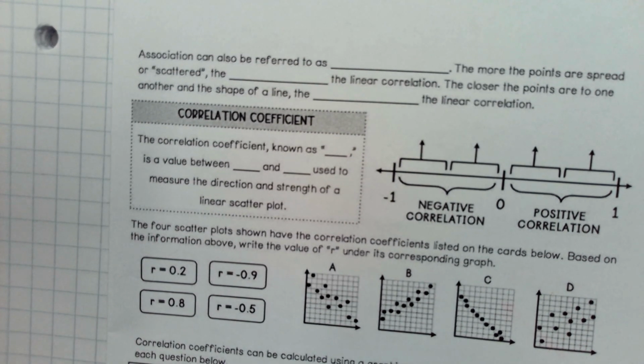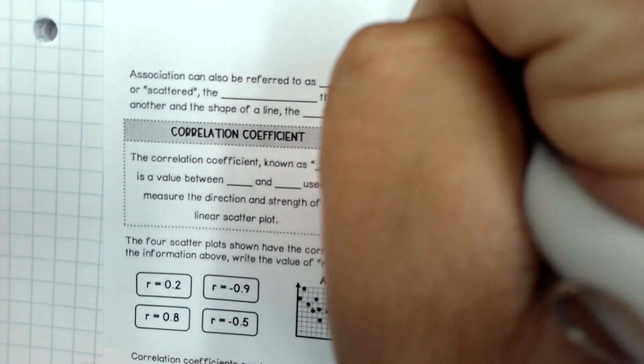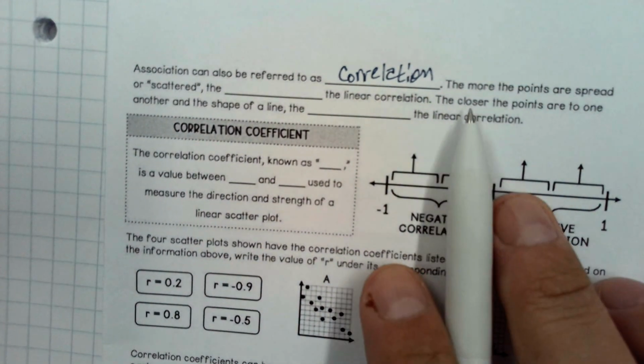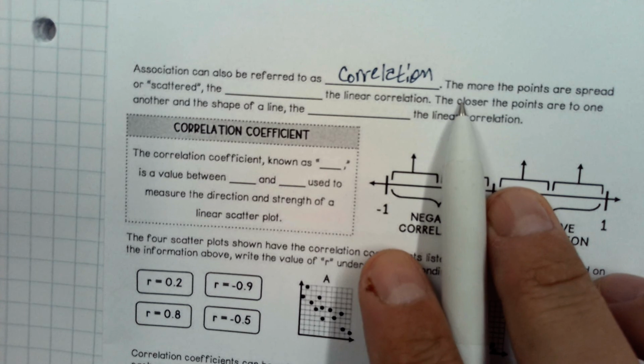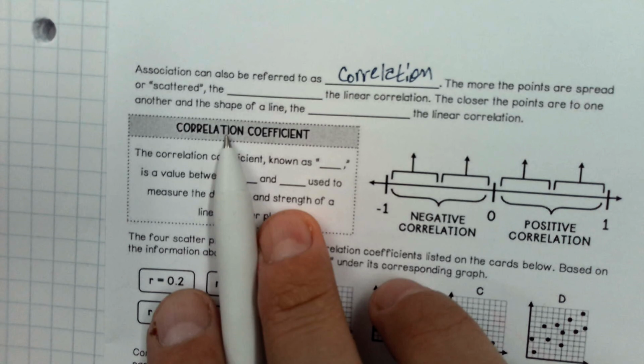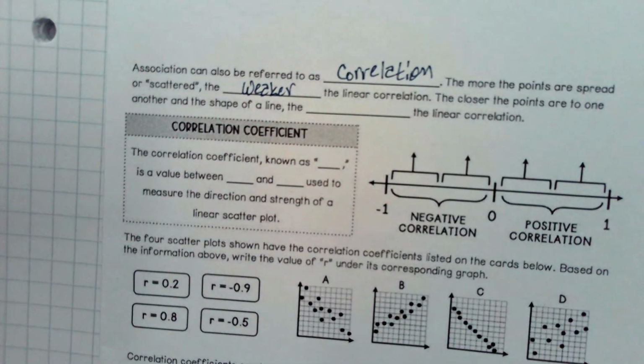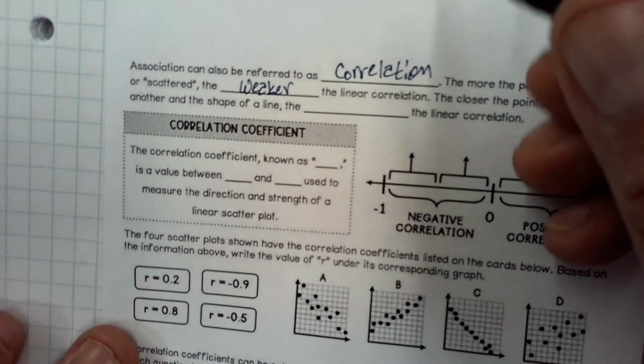Now, this association can also be referred to as what we call a correlation. And basically, what that means is the more the points are spread or scattered, the weaker the linear correlation is. I'm going to highlight that. That's pretty important.